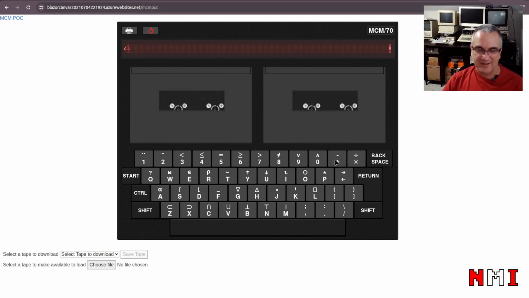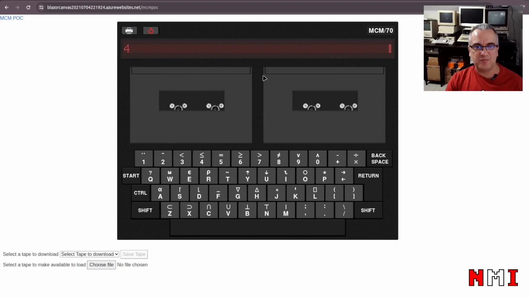So again, the keys on this virtual keyboard or on the real keyboard do not map to exactly the same keys on the PC keyboard, right? So on my keyboard, besides the 0 here, I have minus. Here it's plus, and beside that I have equal, but here it's multiply, right? But the idea is the same.